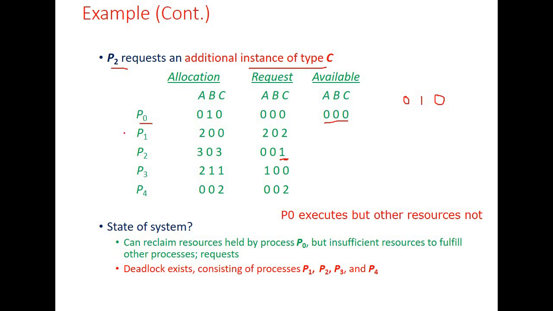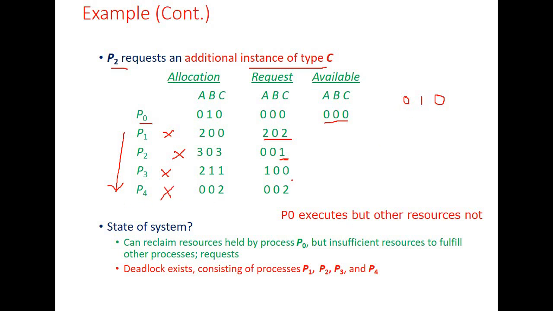So next, which process can start its execution? P1 requests 202, but available is 0, 1, 0. It cannot. P2 requires 0, 0, 1, but available is 0, 1, 0, so P2 cannot start. P3 requires 1, 0, 0, but available is 0, 1, 0, so P3 also can't start. P4 requires 0, 0, 2, but available is 0, 1, 0, so P4 also cannot start.